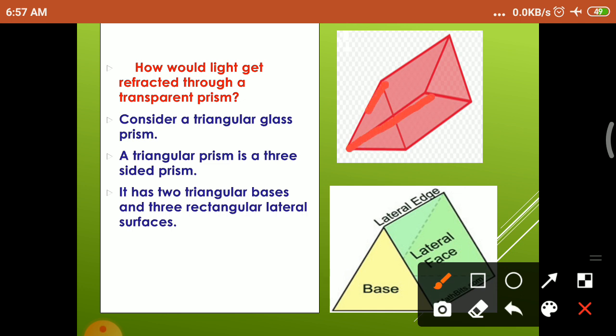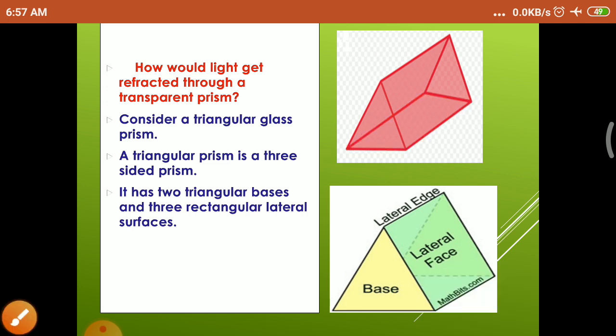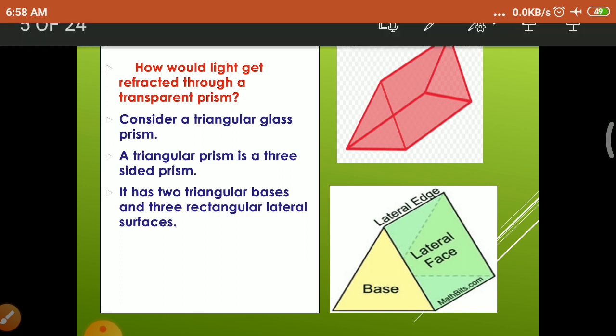This is the first lateral surface and this is another lateral surface, and the third lateral surface is placed behind. So if you take a triangular glass prism, it is a three-sided prism. It has two triangular bases and three rectangular lateral surfaces.